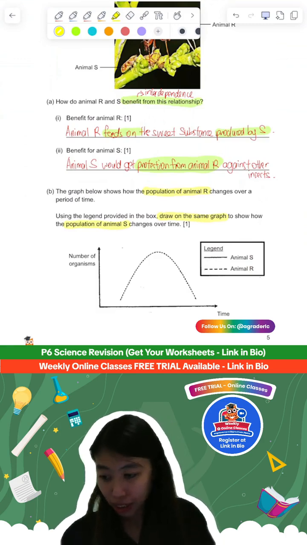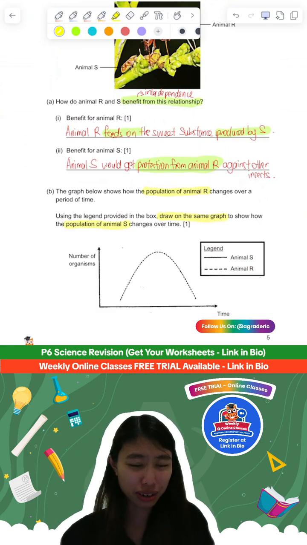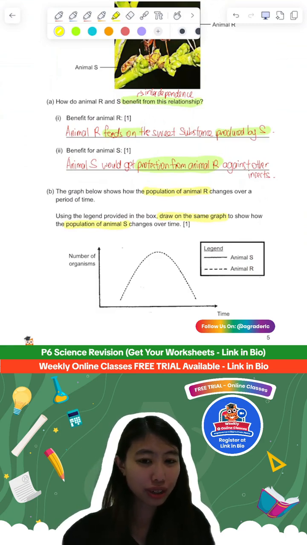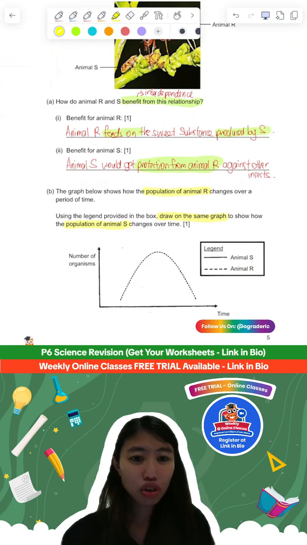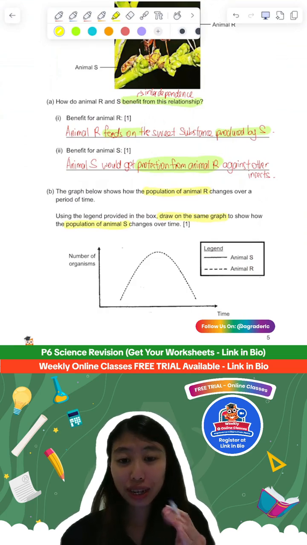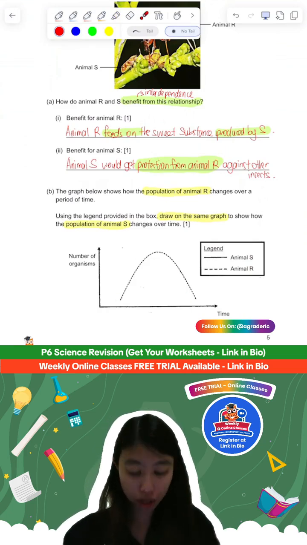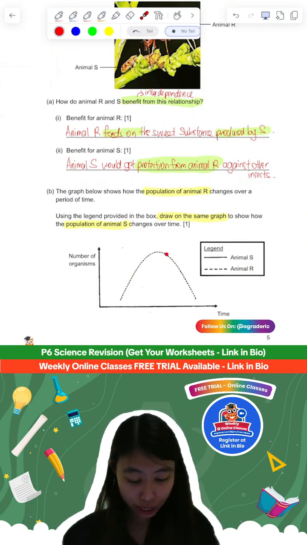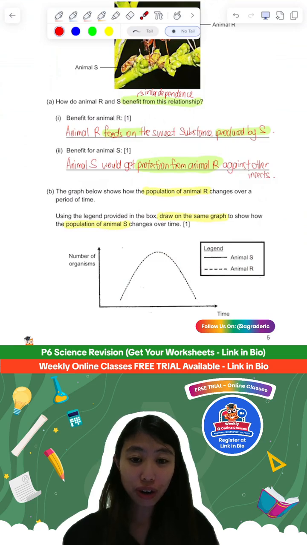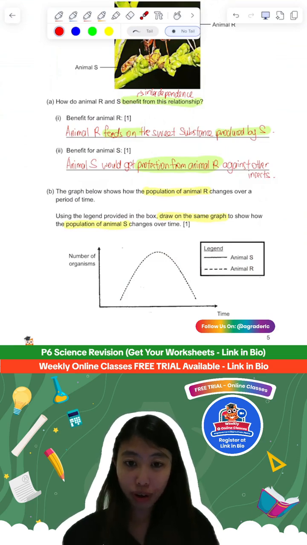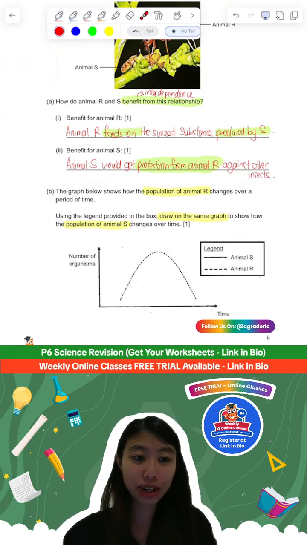Since they depend on one another, what do y'all think? Should I draw the exact same graph, or will the shape be entirely different?